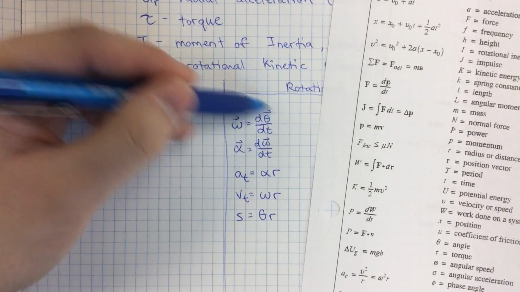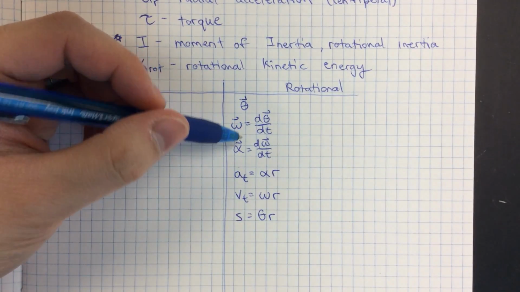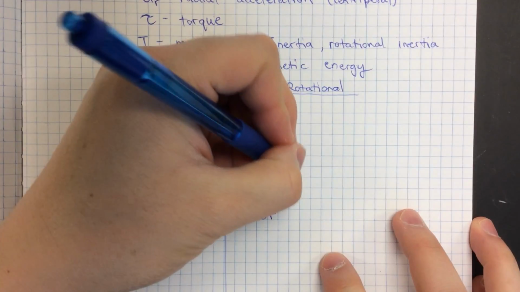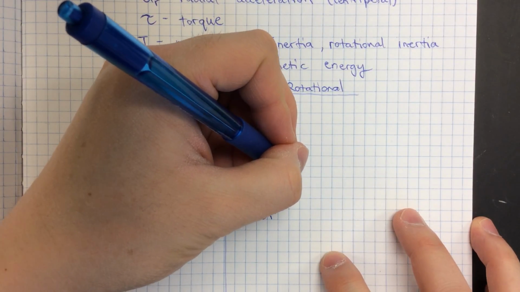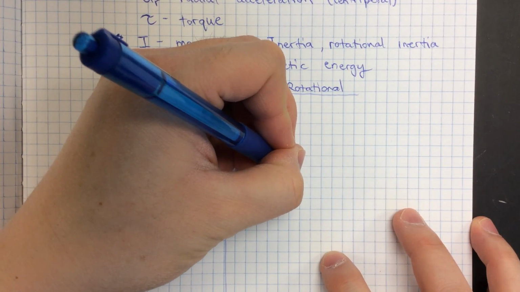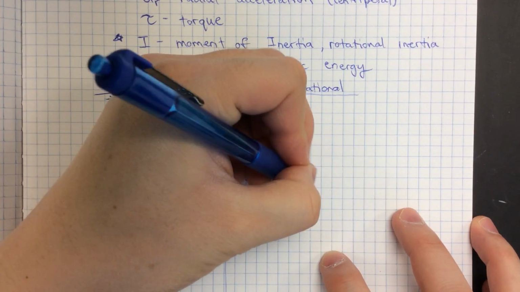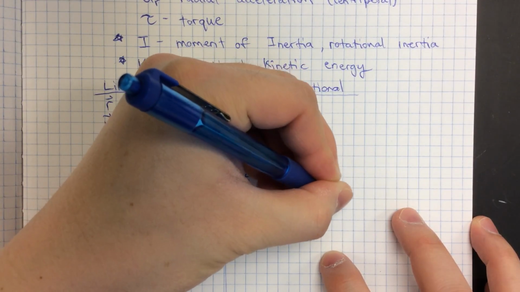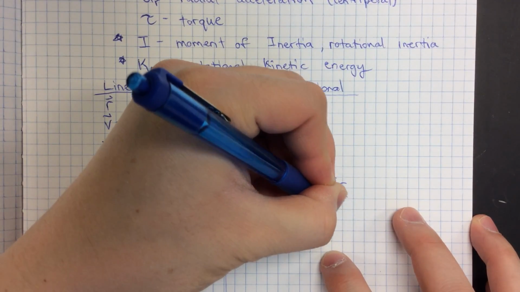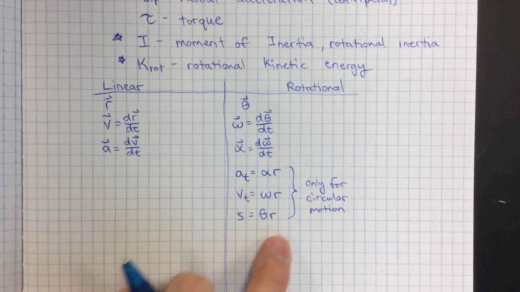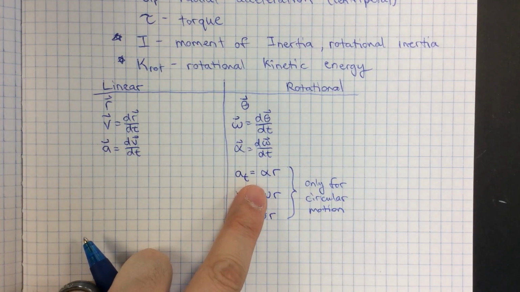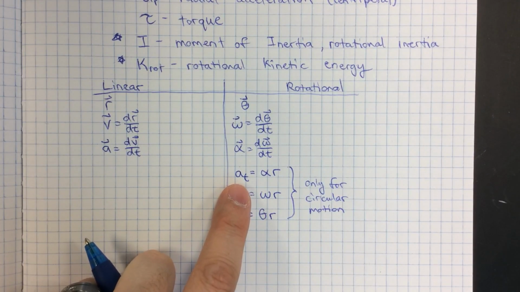They don't have any of these other definitions either, but that's really a definition, so you should know that. Note that these really only work for circular motion, because implicit in this is that at this particular moment, your velocity, or the direction you're moving, is perpendicular to your radius.